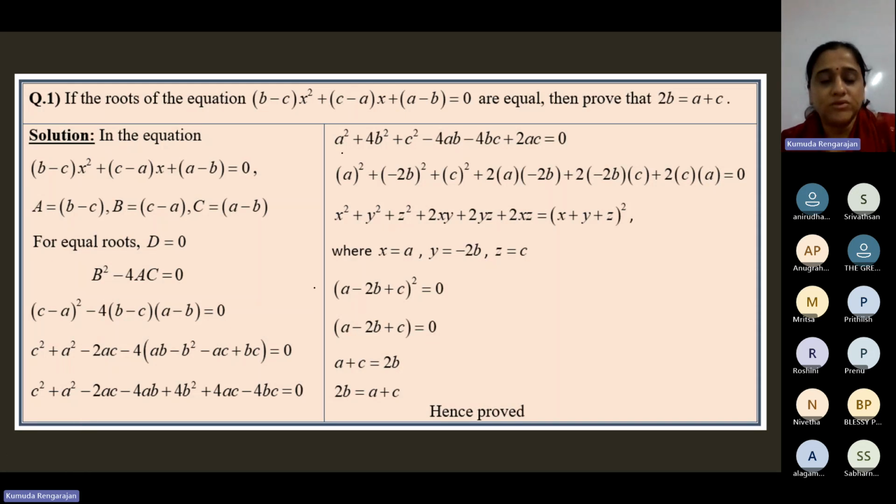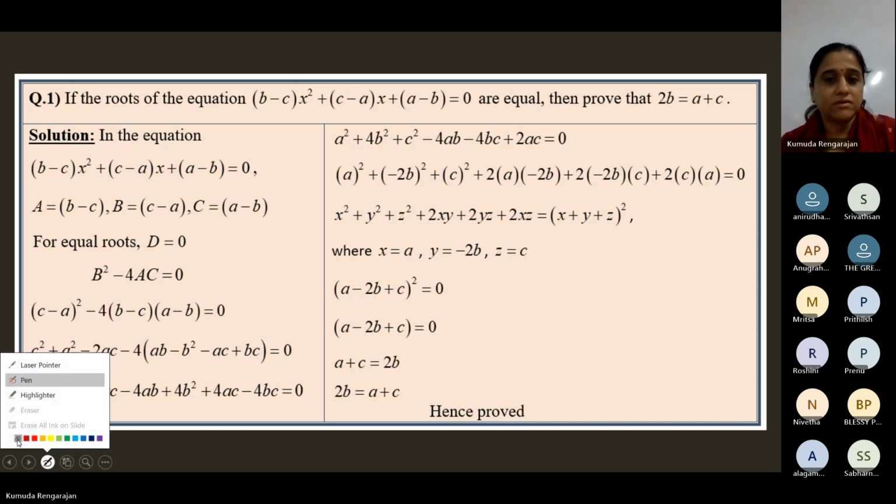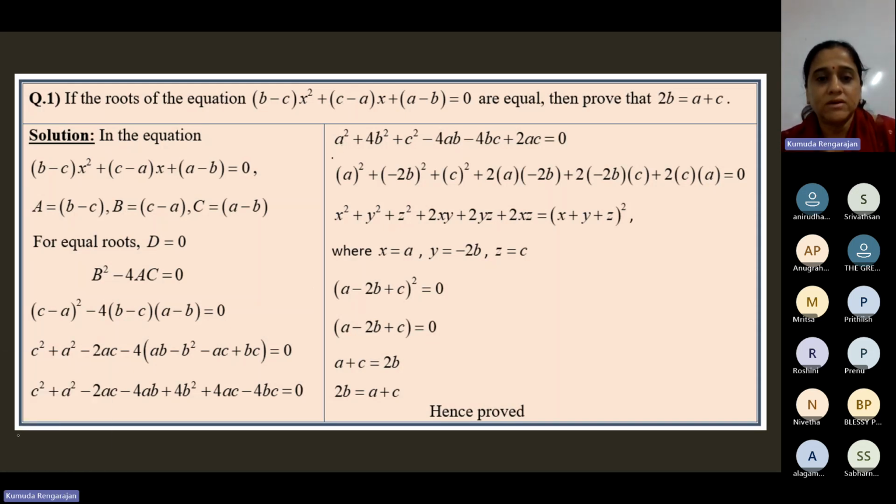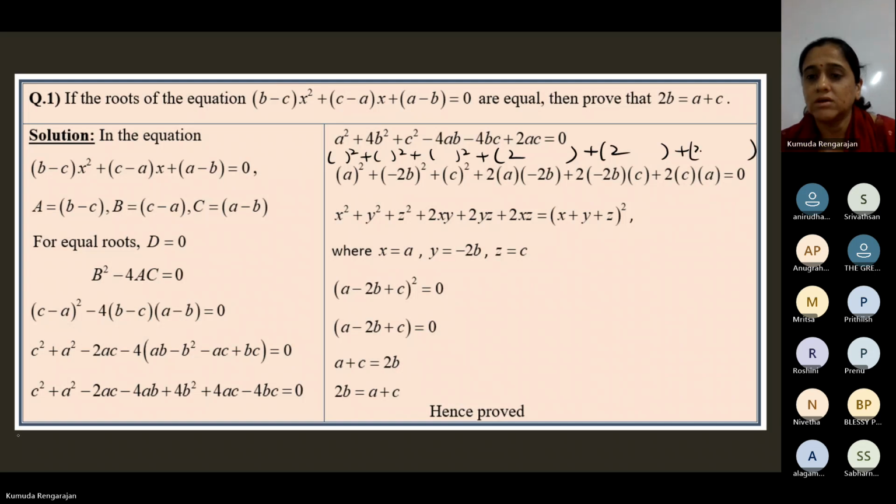So now write it like this: something the whole square plus something the whole square plus something the whole square plus 2 into, plus 2 into, plus 2 into. So what comes in the first bracket?